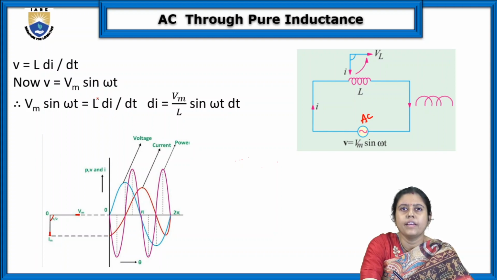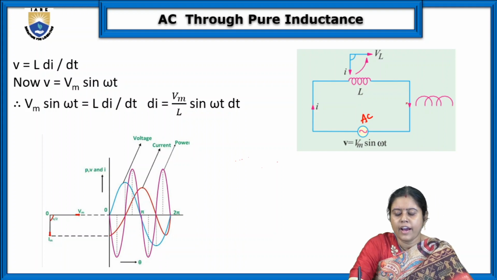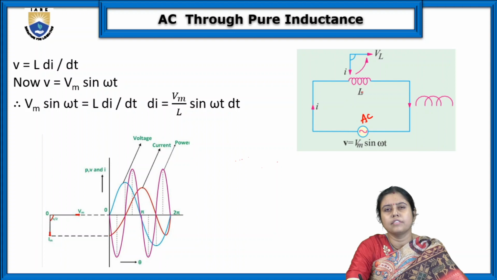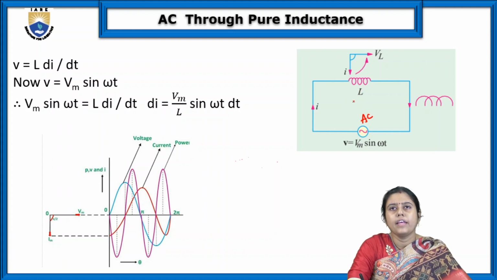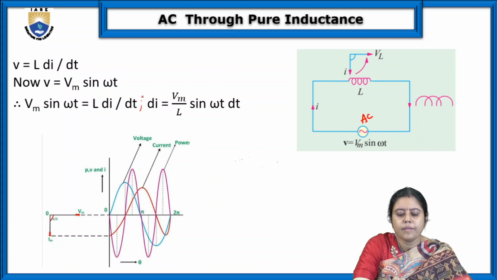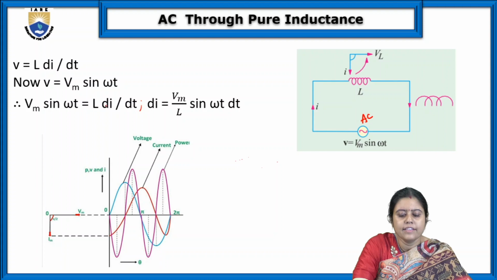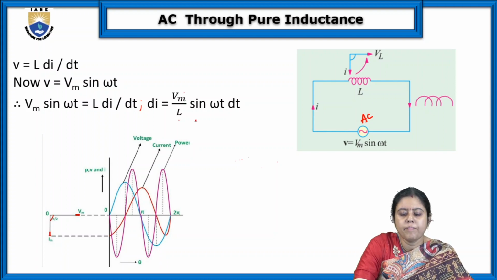What is Vm? Across this circuit, because there is only one drop, Vm sine omega t is equal to L di by dt. So what is di? di is equal to Vm by L sin omega t dt.